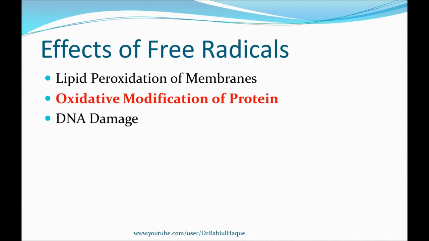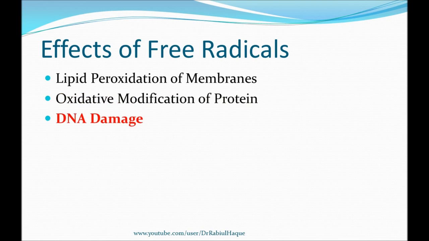At the same time, you also have to remember that oxidative modification can also enhance proteasomal degradation of misfolded or unfolded proteins. The last mechanism by which free radicals can cause cell injury is by DNA damage.